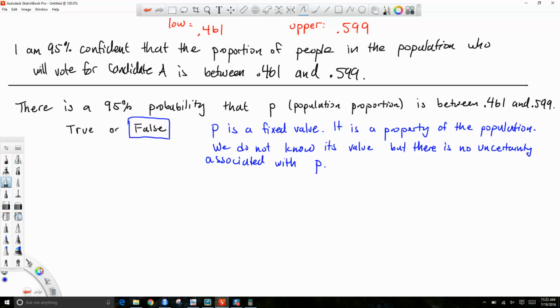All right, true or false? Let's see. Our confidence interval provides evidence that P is not equal to 0.45.